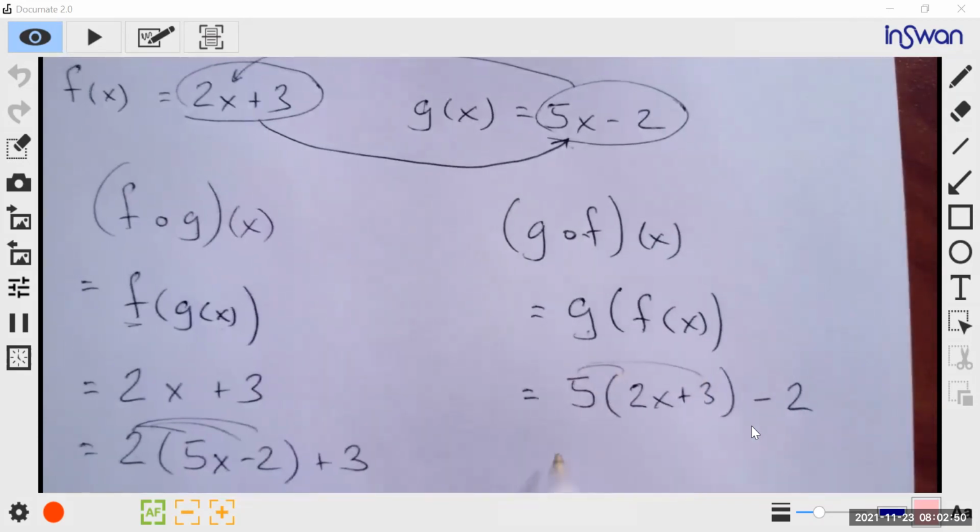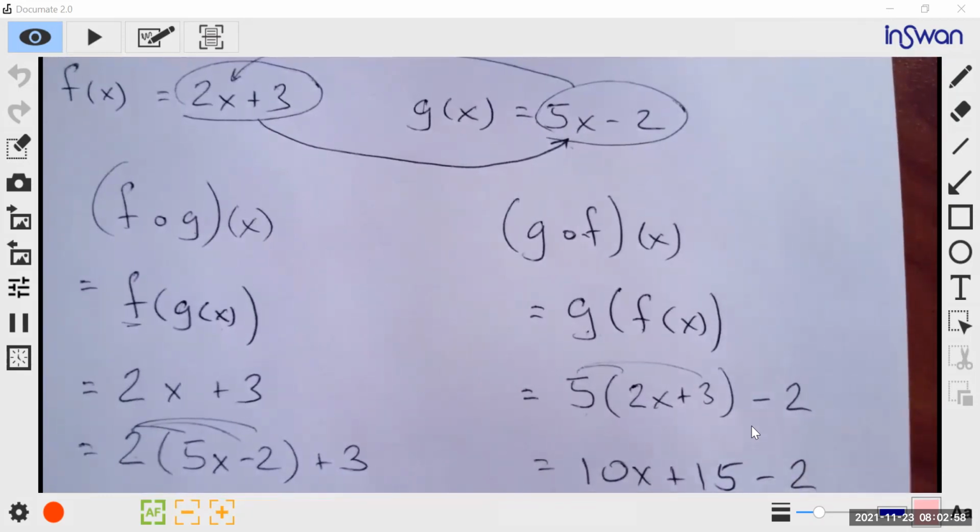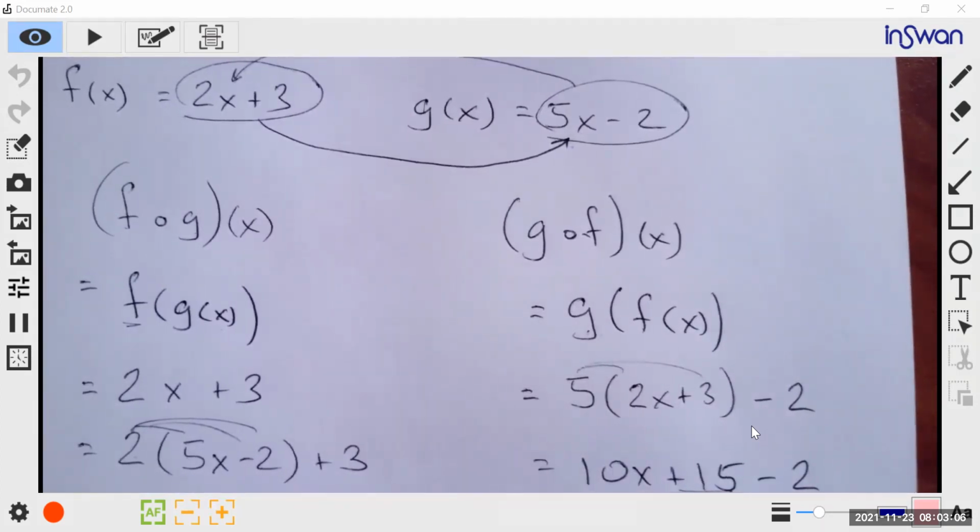Work it out. 5 times 2 is 10x. 5 times 3 is 15. Minus 2. 15 minus 2 is positive 13. So that's that answer. We have to know how to do the composite functions because this is where we'll test what we do today.